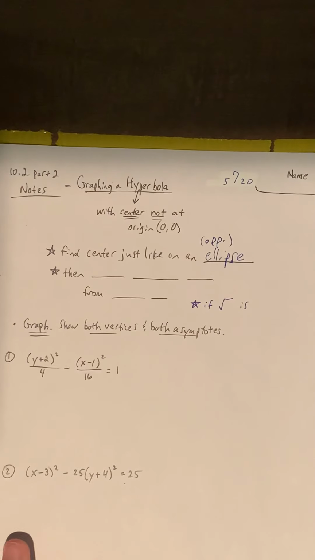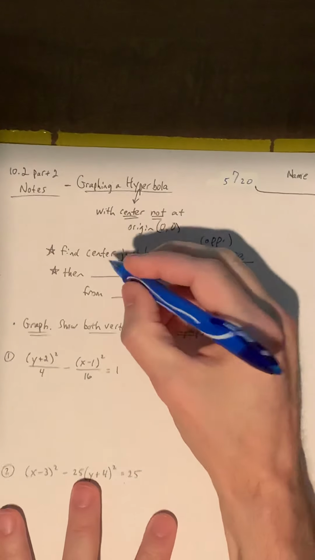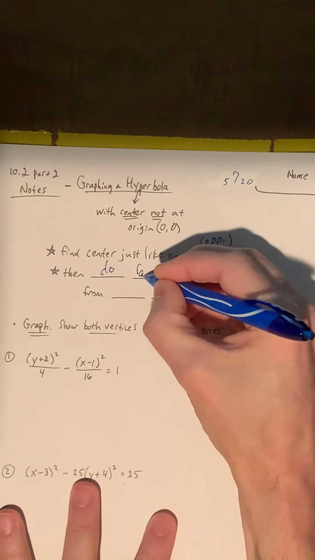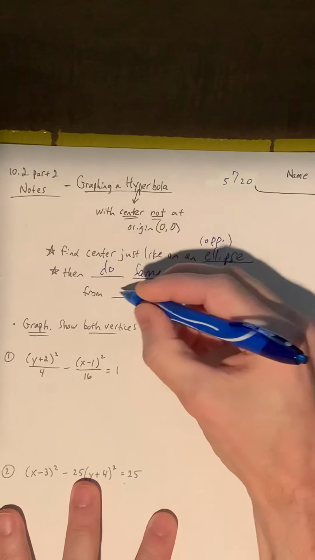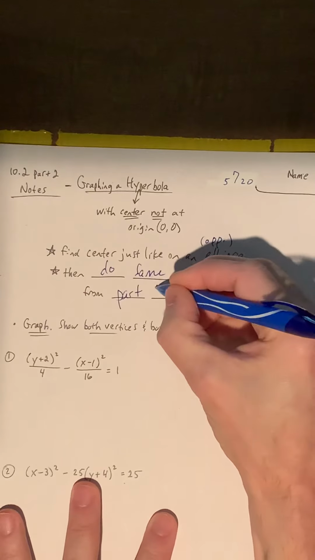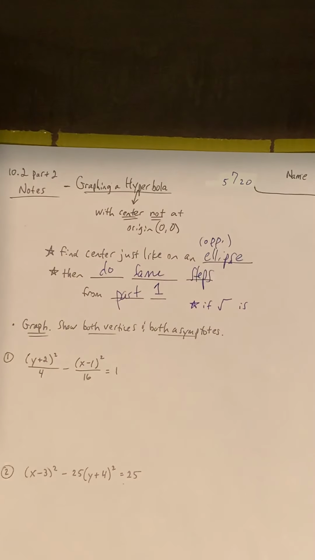All right, once you get your center point, to pretty much do the rest of the hyperbola, you're going to just do the same steps from part 1. Some of the steps from part 1, after you get the center point: make sure the equation looks correct, that it equals 1, and you have a minus sign for a true hyperbola.